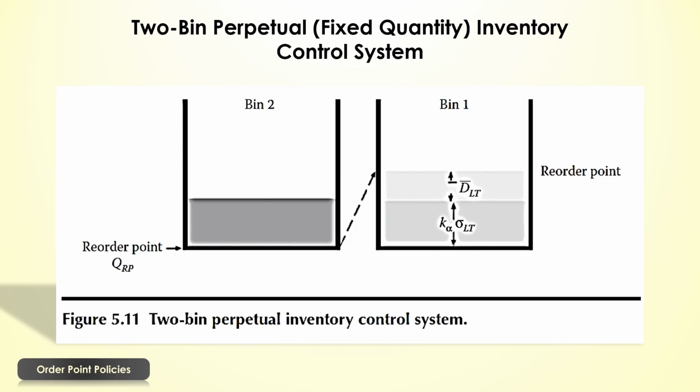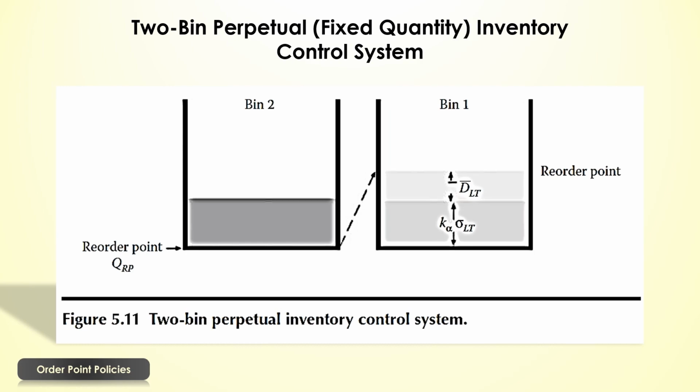The two bins here are marked 1 and 2. The optimal order size of Q units has been delivered. The first bin is filled up to the reorder point, or RP, level. So bin 1 now contains units to cover expected demand in the lead time period plus safety stock.